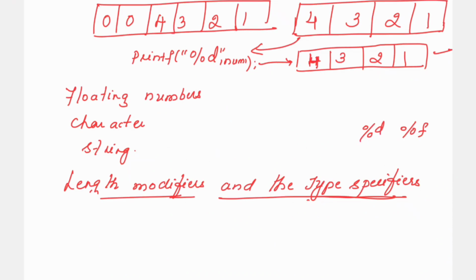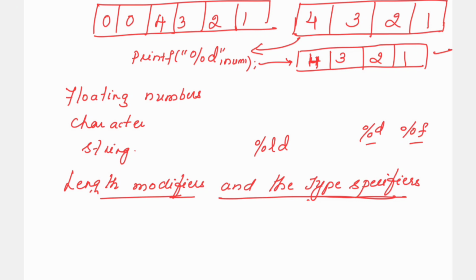In the printf statement, whenever you are using format specifiers like %d, %f, you should also see, as I said in my previous session, that if you want to print long integers, you have to make use of the letter L followed by the d. Similarly, you should know what the different types of specifiers for printf are and what the length modifiers are.